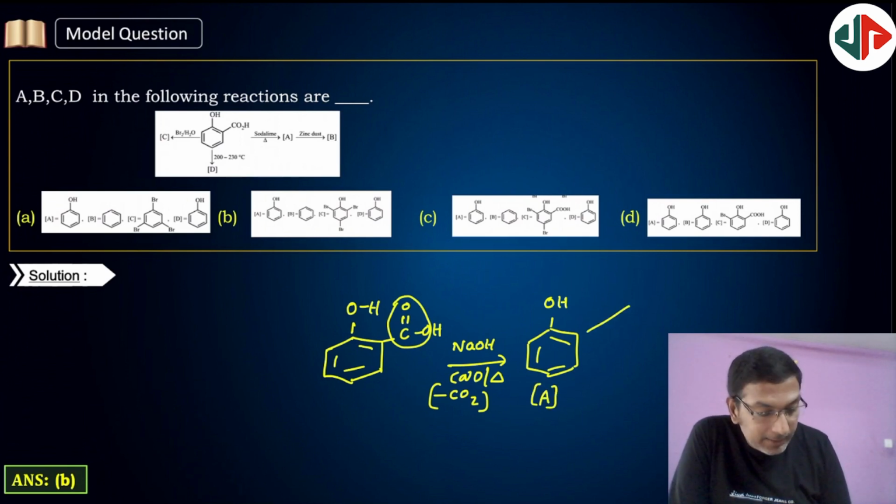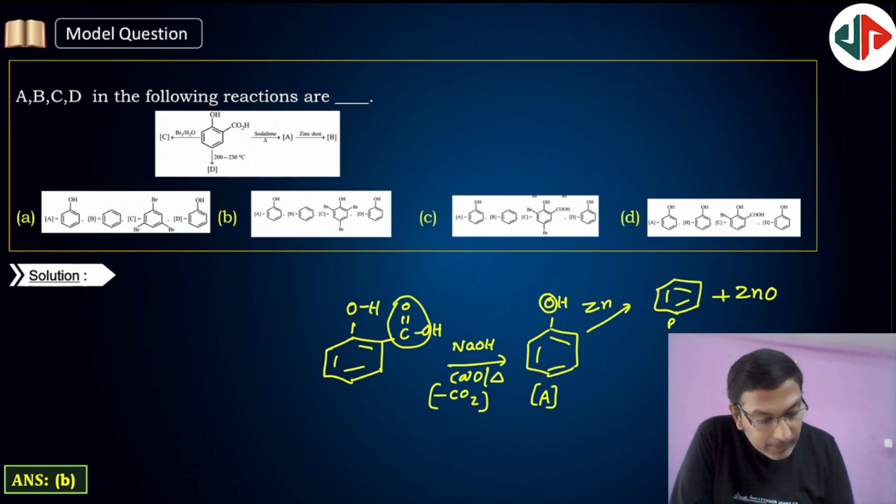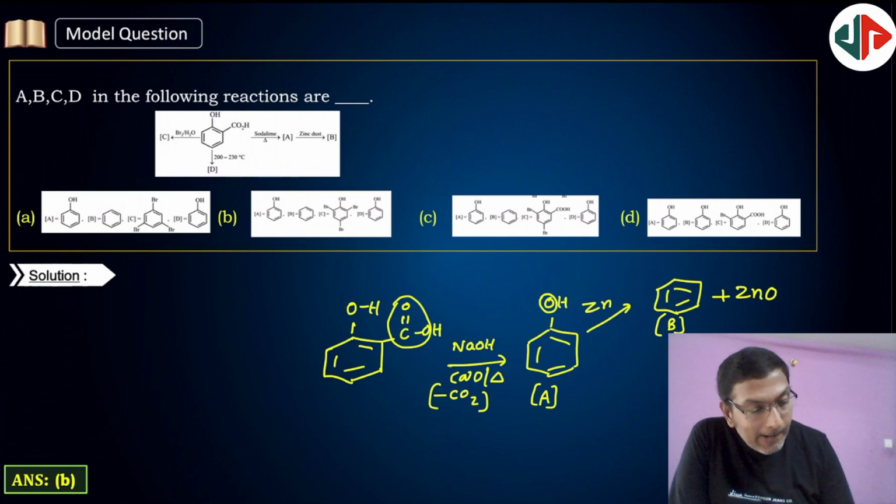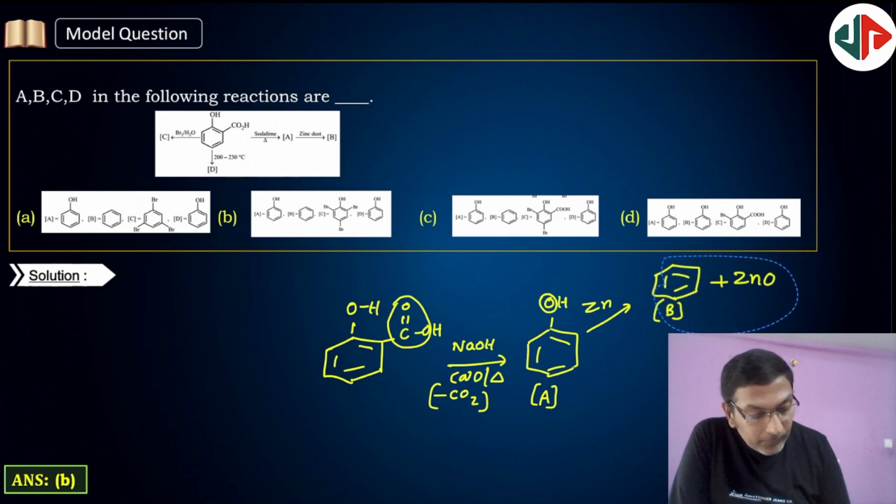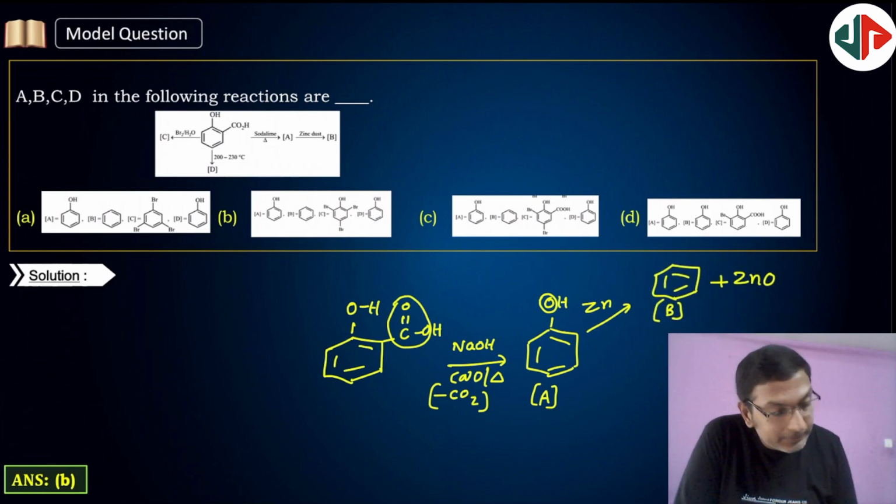Next, which on zinc dust? On treatment with zinc dust, O will be eliminated. It gives benzene plus ZnO. This is compound B, benzene. Okay, next.